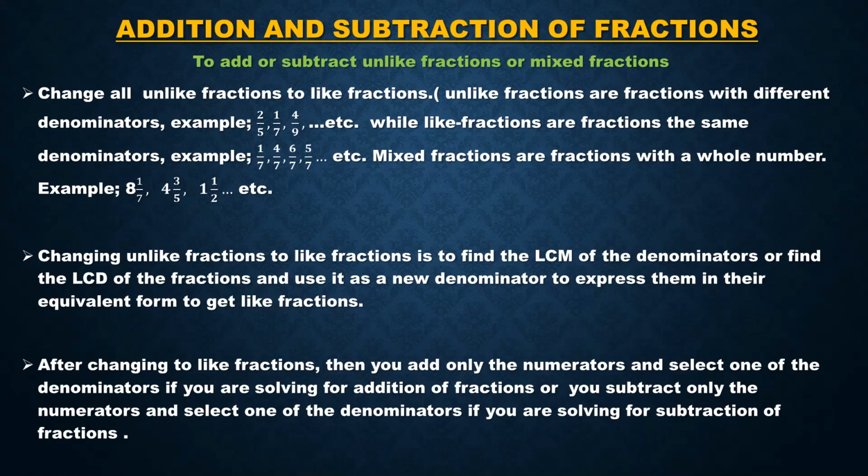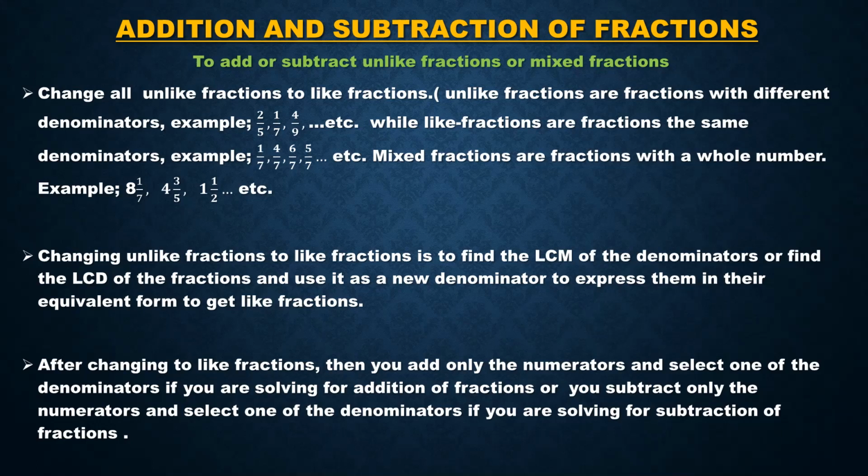Changing unlike fractions to like fractions is to find the LCM of the denominators or the LCD of the fractions and use it as a new denominator to express their equivalent form to get like fractions.